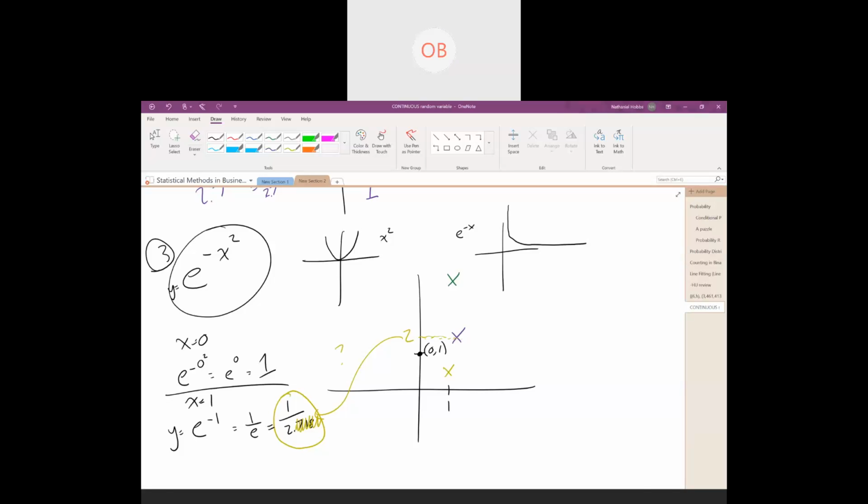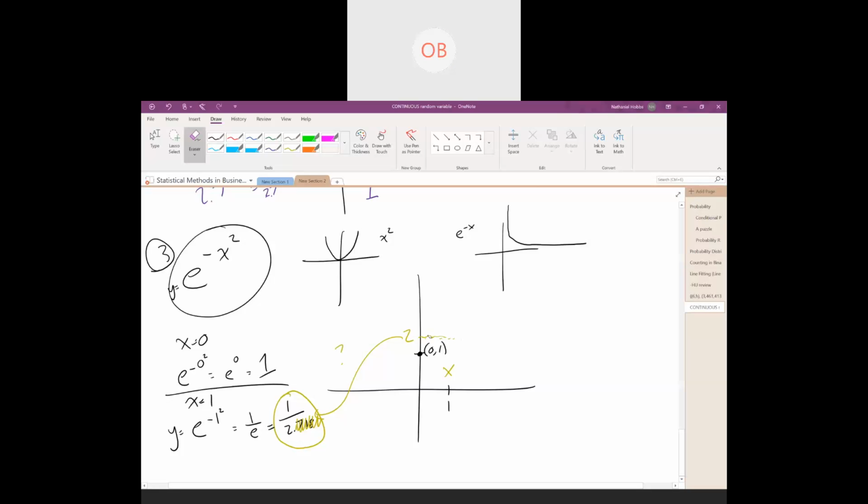So which of the three, the green, the purple, or the yellow, is best? It will be yellow. Very good. So the yellow one.